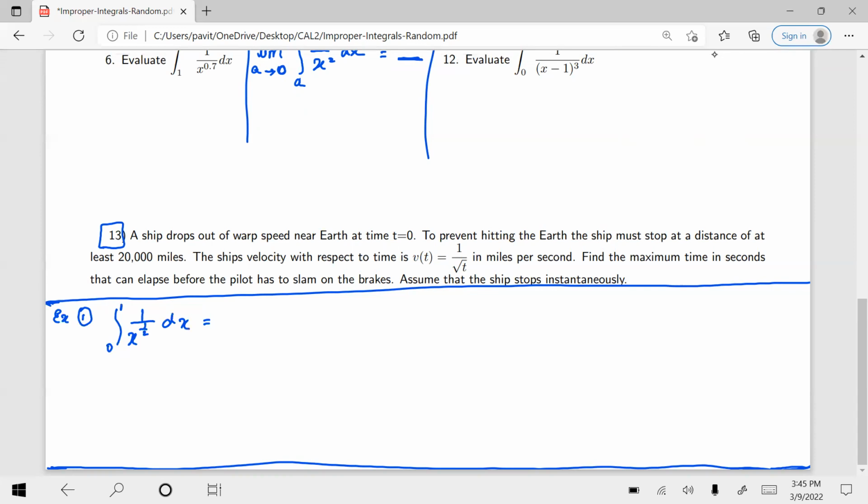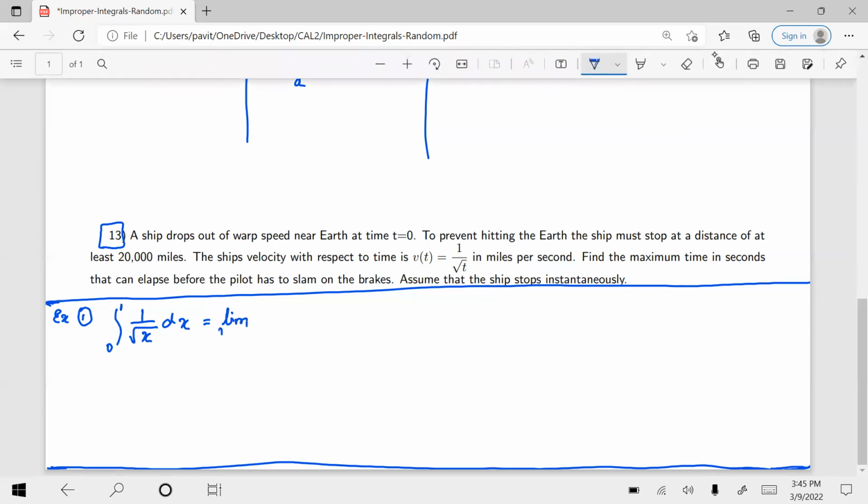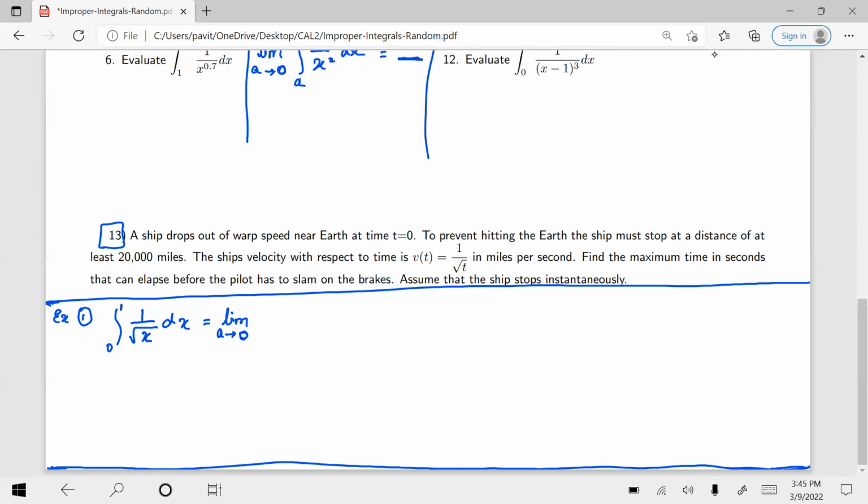Okay, so our limit is from 0 to 1 and the integral is 1 over square root of x. Now the problem here is when I plug in 0 to x, I get infinity. So that makes it an improper integral. So how do we solve that? We introduce a limit and I say there is some number a that is tending to 0. Why should I take 0?